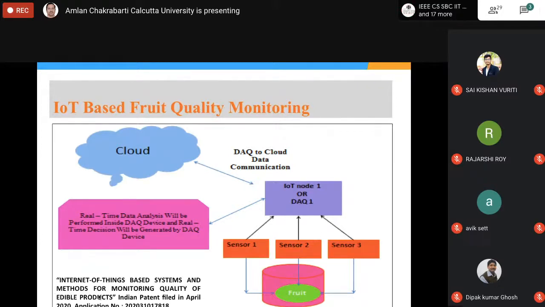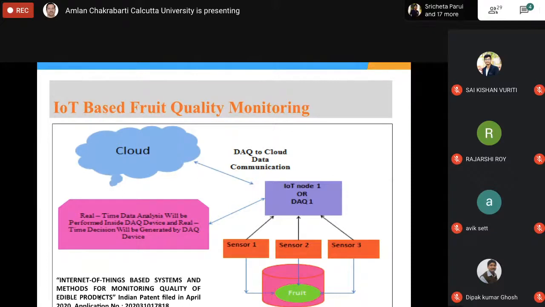It can be done for any edible food item, because any edible food item can be attacked by bacteria, and when they're attacked by bacteria, the oxygen level decreases, the carbon dioxide level increases, and that gives you a clue. The humidity level also increases, and that gives you a clue that it is now getting attacked by some microorganisms.